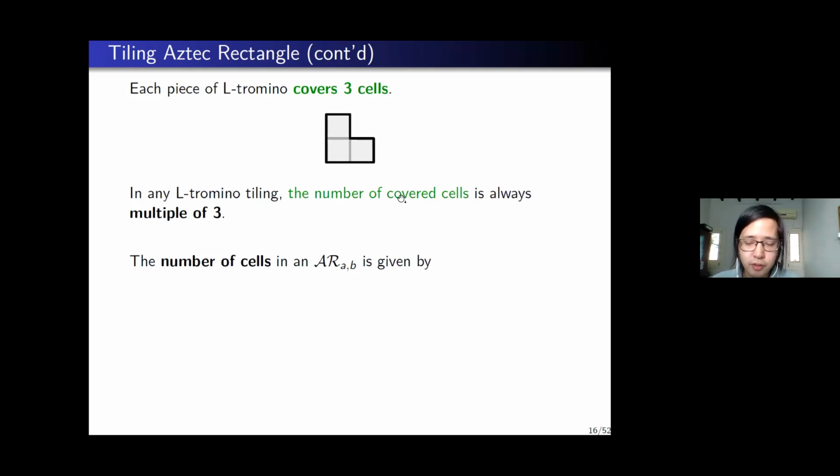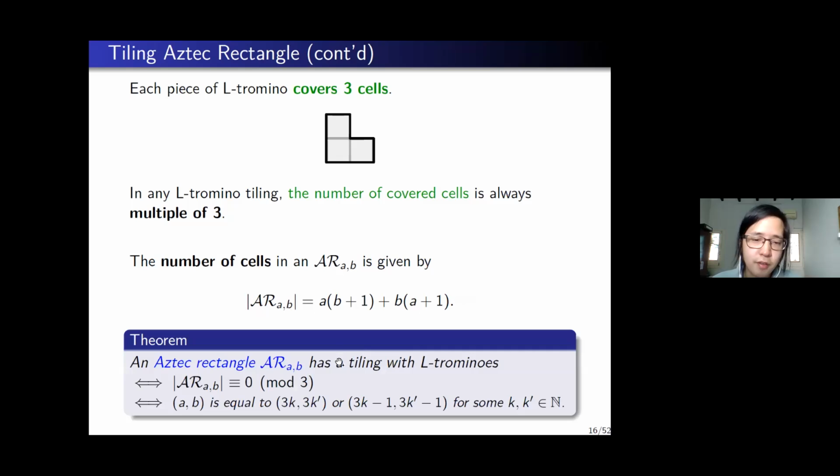If we want to tile an Aztec rectangle of order A, B, we can use this formula that gives the number of cells of an Aztec rectangle. The number of cells of the Aztec rectangle is a multiple of 3 when A and B have the form 3k or 3k minus 1.